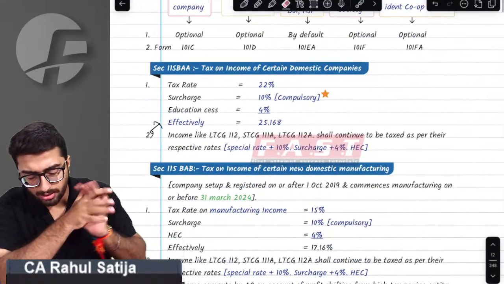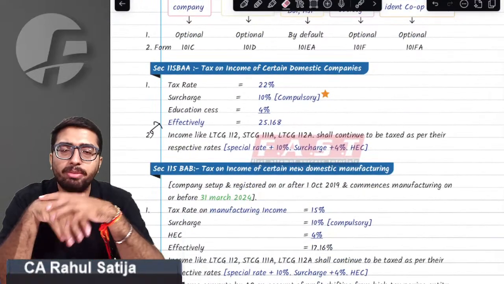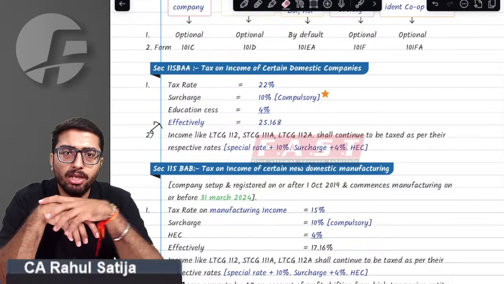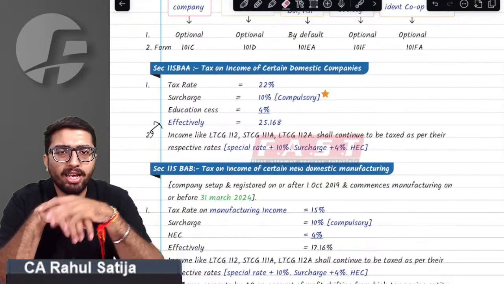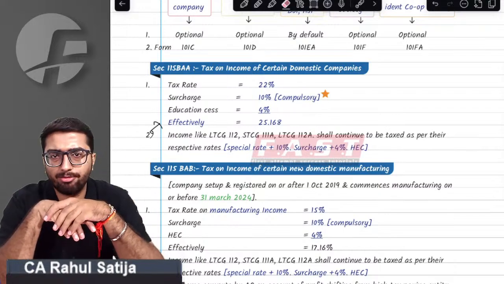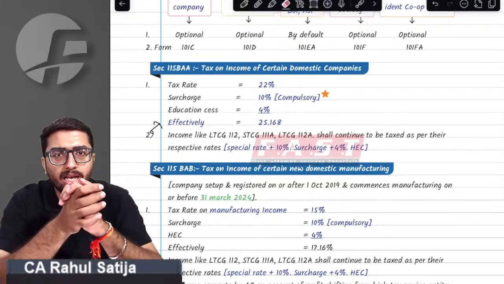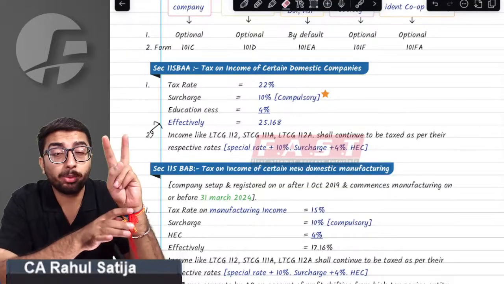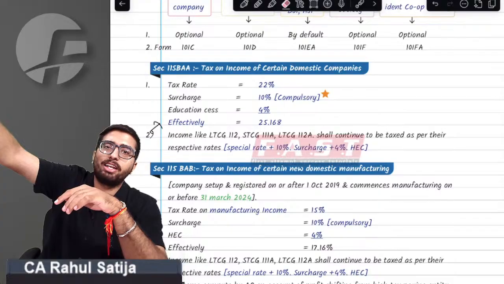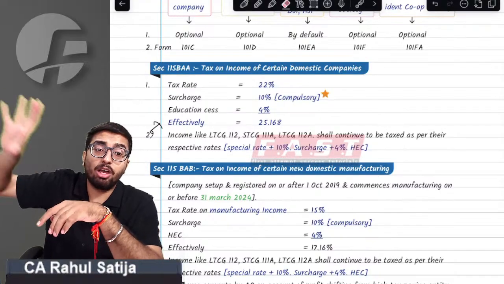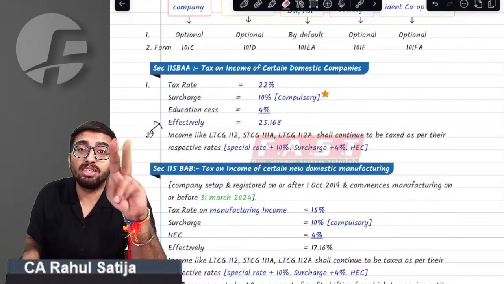First of all is 115 BAA. This section talks about domestic companies. Any domestic company, sir, has an option of paying 22% tax. The way you are being charged at 25%, 30% as a domestic company, you have an option to pay a lower tax of 22%.